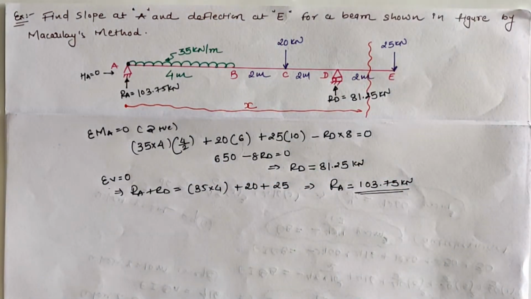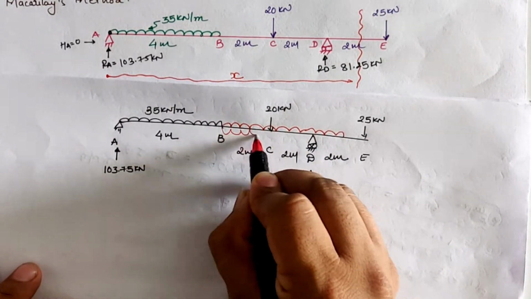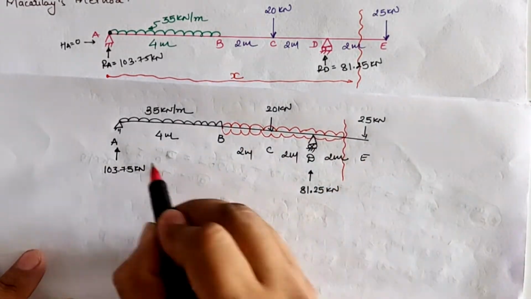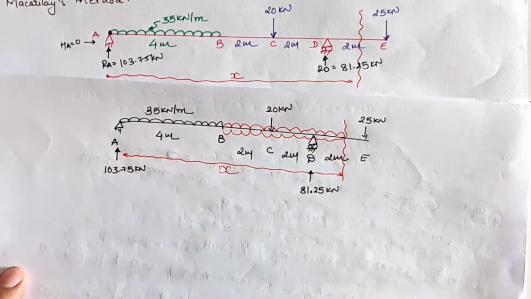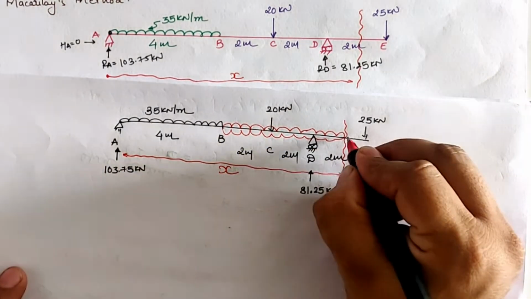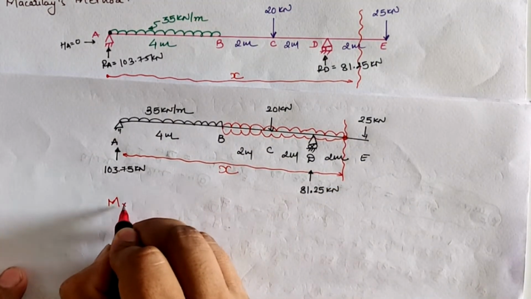So we have to plus and minus the same amount of UDL up to the section as shown in the figure.